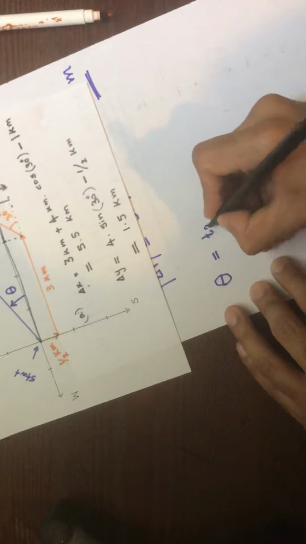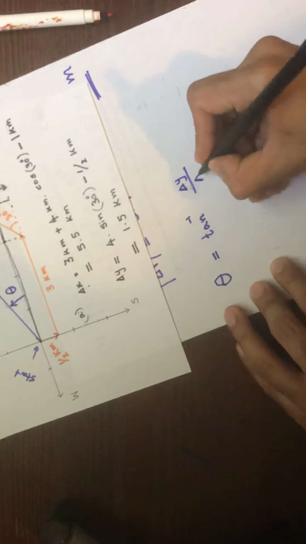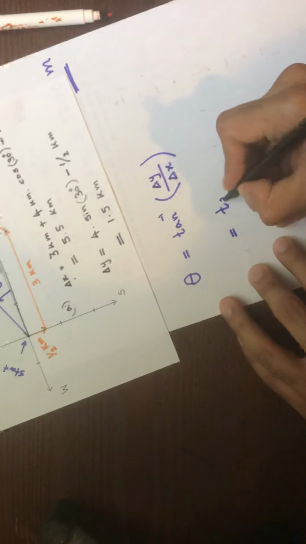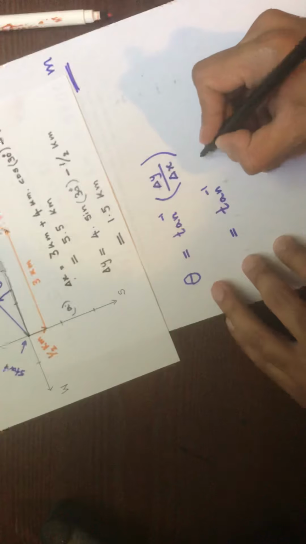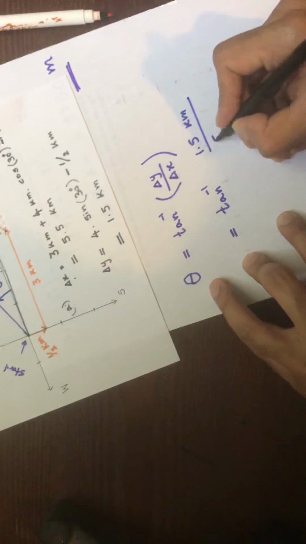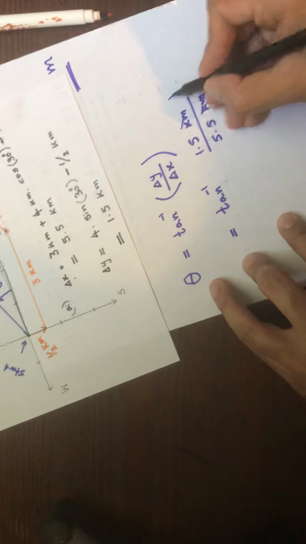Theta equals tangent inverse of the y component divided by the x component. If I substitute 1.5 kilometers divided by 5.5 kilometers, the kilometer cancels out.